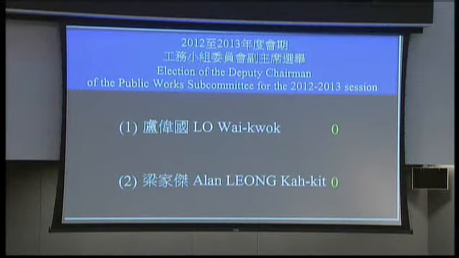Number 1 is Dr. Low Wai Kwok. Number 2, Mr. Alan Leung. Please vote according to the numbers assigned. All right, if there's no question, we can now collect the ballot papers.